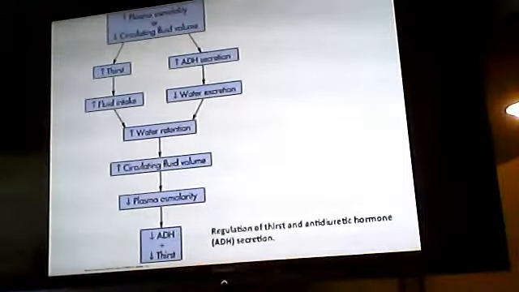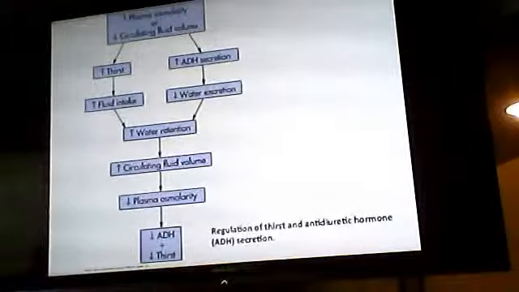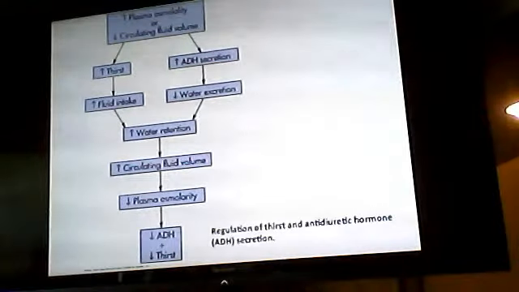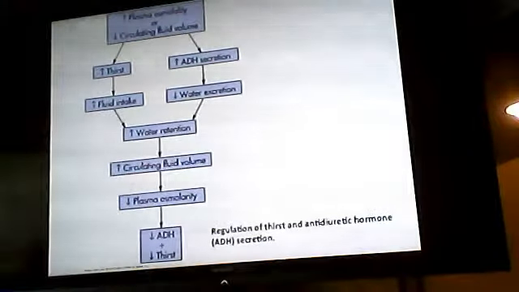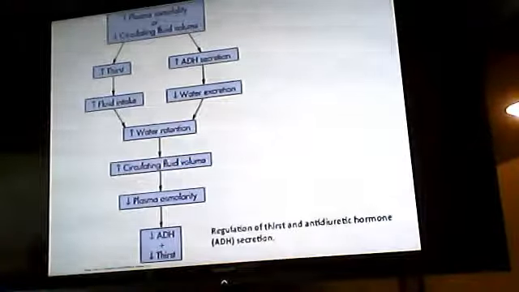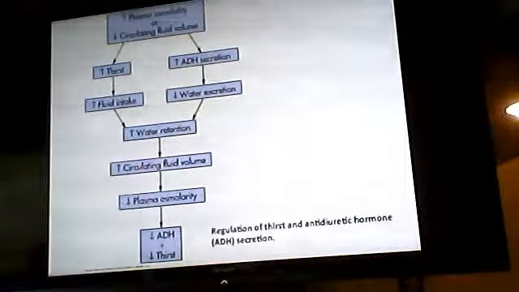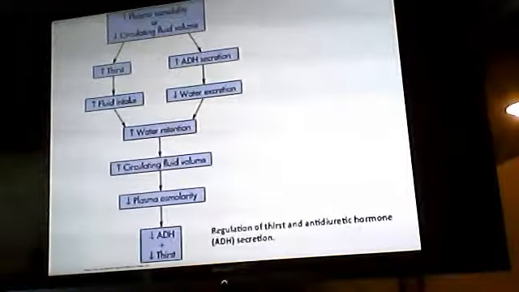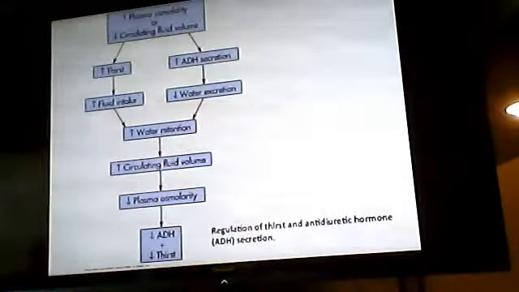If I retain more water, it circulates throughout the body, and once it circulates, it starts to balance out the plasma osmolarity, okay? Osmolarity, again, is a measure of the solute concentration of your fluid. You always want to keep that around 300 milliosmolar, okay?